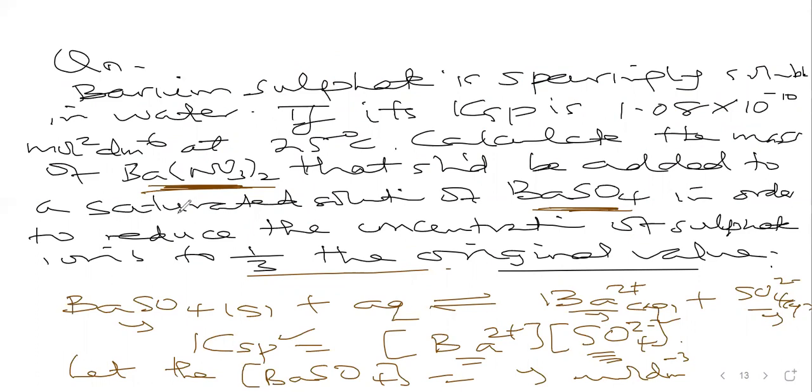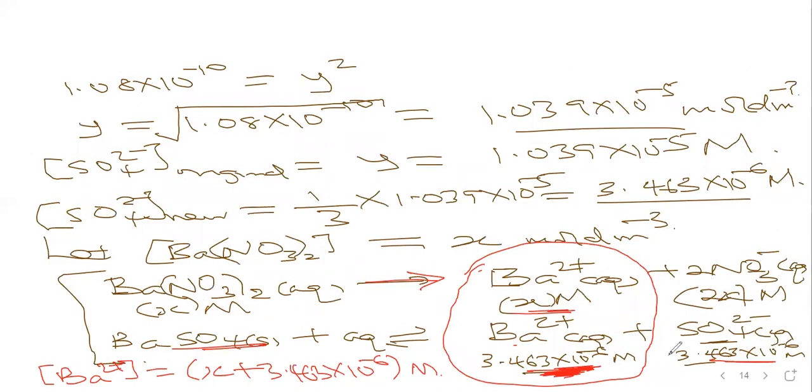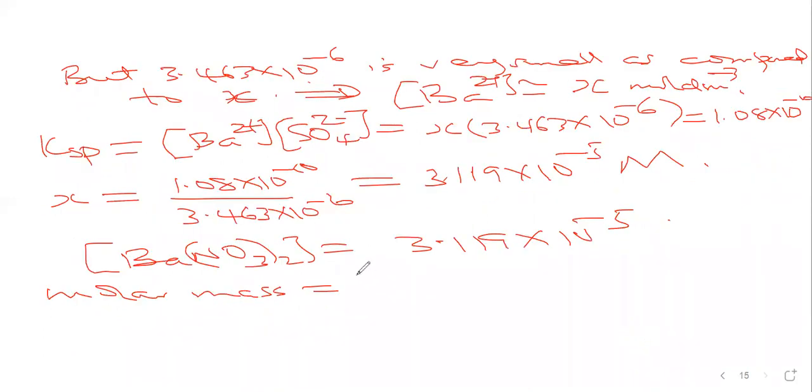The first concept, do you know how to use KSP to get concentration? The second concept, do you know how to apply common ion effect? The third, do you know how to convert moles to mass for compound to be added in order to precipitate a given compound? So this one is molar mass of barium nitrate, which is, barium is 137.